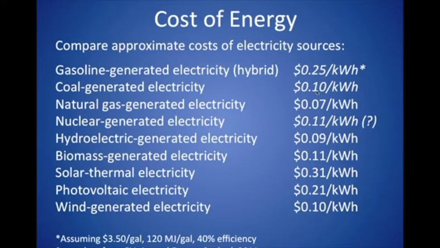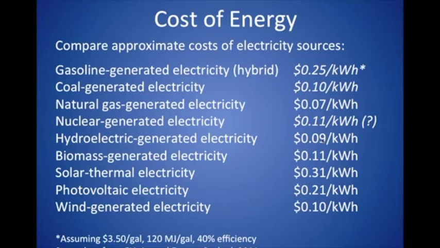Coal, about 10 cents per kilowatt hour. Natural gas, even cheaper than coal, currently about 7 cents per kilowatt hour. Nuclear, around 11 cents per kilowatt hour, but I put a question mark because that really doesn't include the long-term storage costs of the nuclear waste byproducts. Somebody's going to have to pay for that.